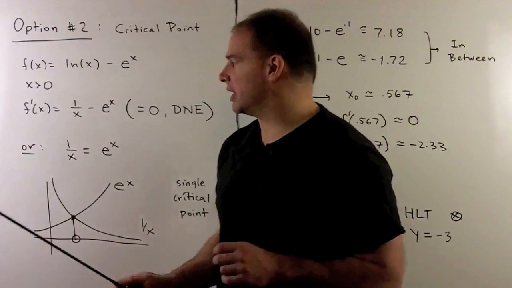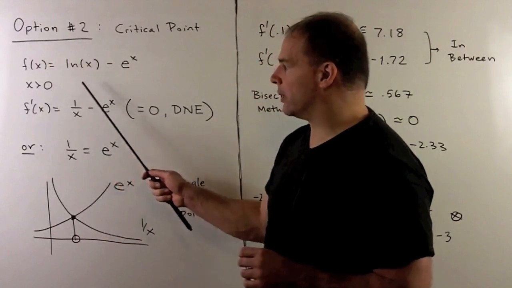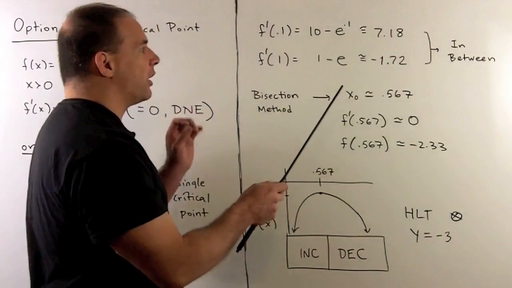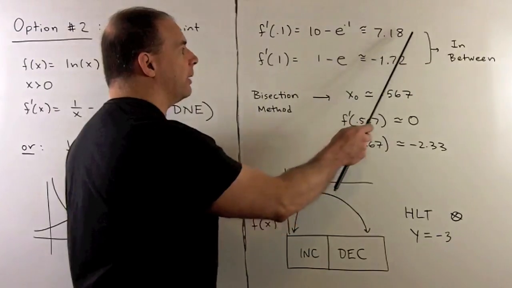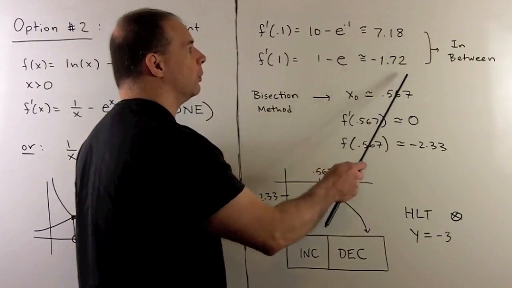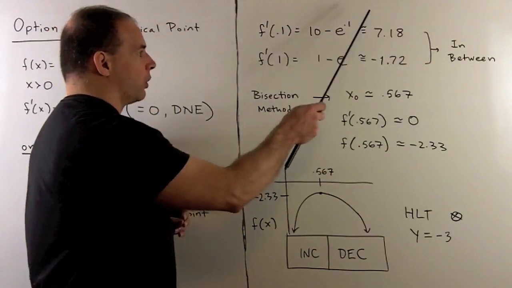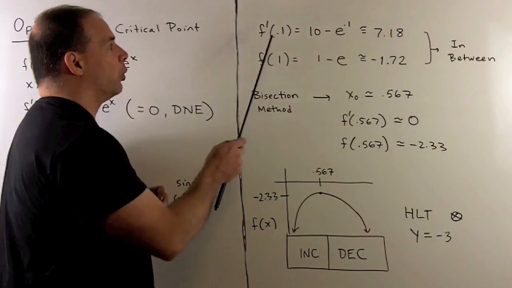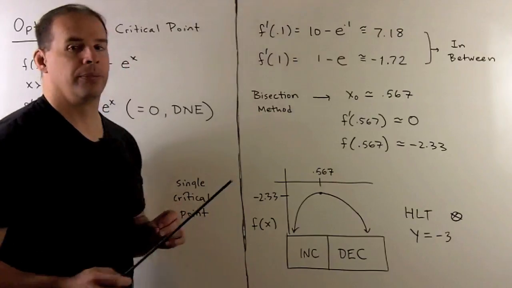Since our derivative is continuous when x is greater than 0, if our values are going to go from 7.18 to minus 1.72, we're going to have to go through 0 somewhere. So that means our critical point is going to be somewhere between 0.1 and 1.